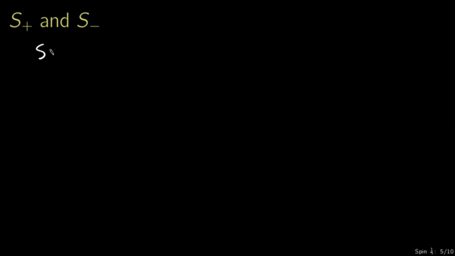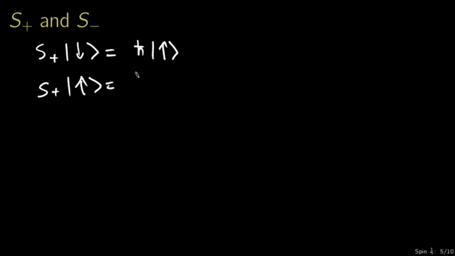For instance, s plus, acting on the down state, gives us something proportional to the up state. I don't remember if we talked about this or not, but you can, by suitable analysis of the structure of these operators, determine what this proportionality constant is, and in this case it's h bar. Likewise, we know s plus acting on the up state isn't going to give us anything.